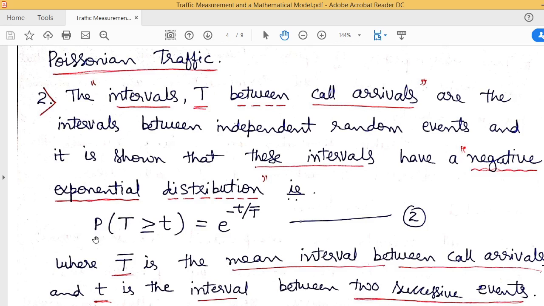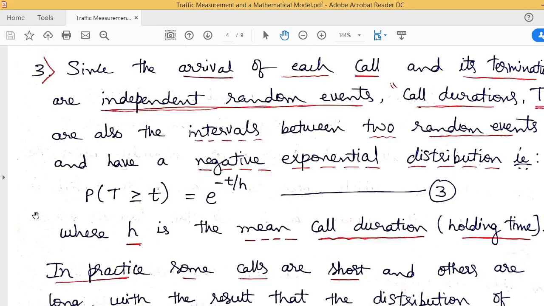So the probability of having time t between two calls can be written as e power minus t by t bar. Of course, t bar, the mean interval between call arrivals, will be given in the question. The next result is that the arrival of each call and its termination are independent random events.